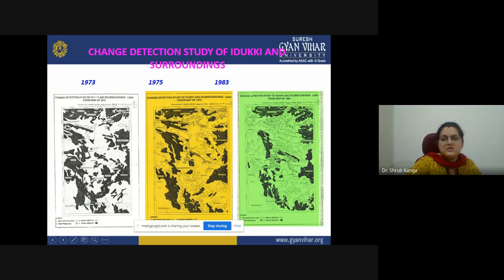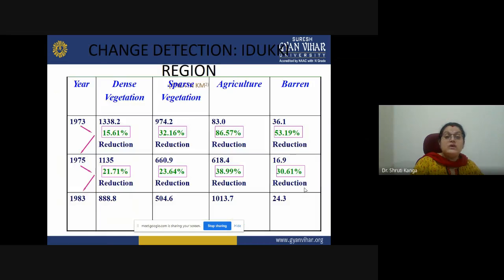And from 75 to 83, this forest area is also converted into some other land use class. Here we had so much forest, it has reduced in 1975, and in 83 it has reduced much more. So these kinds of change detection related studies in terms of their areal calculation we can go for.